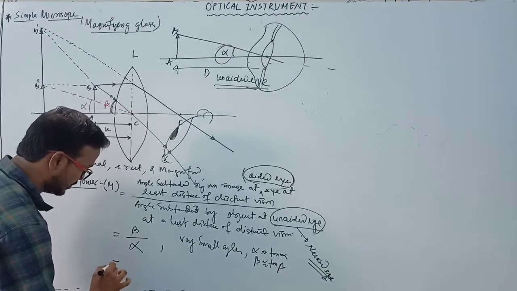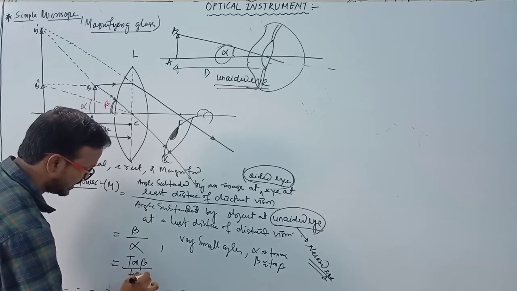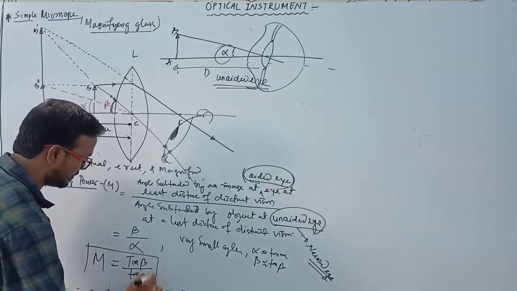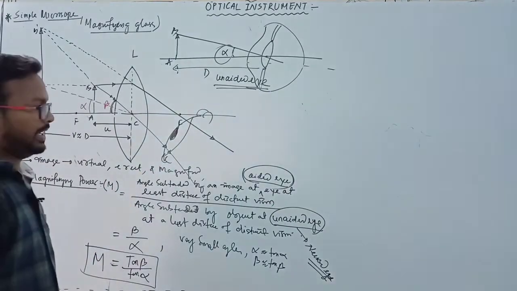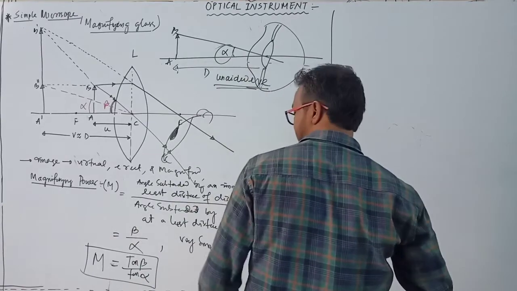If we replace this value here, then we can write tan beta divided by tan alpha, which is equal to the magnifying power of the simple microscope. Clear? Now we have to find this tan alpha and tan beta.